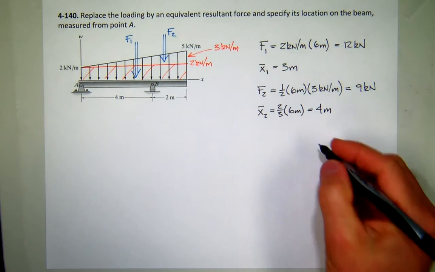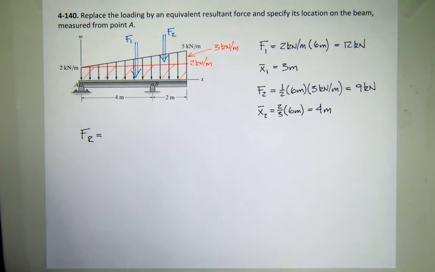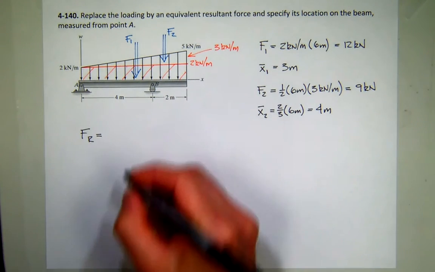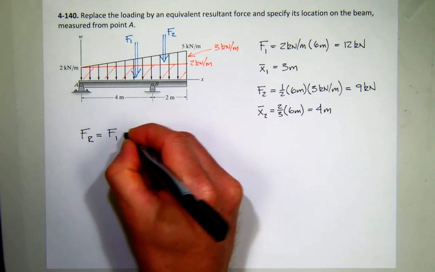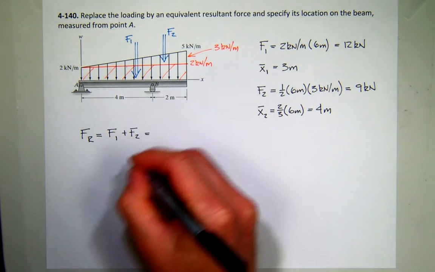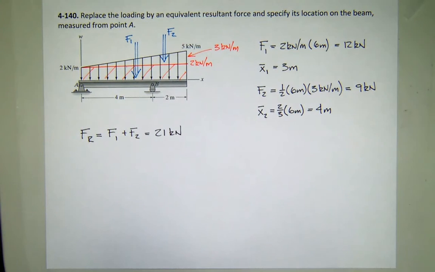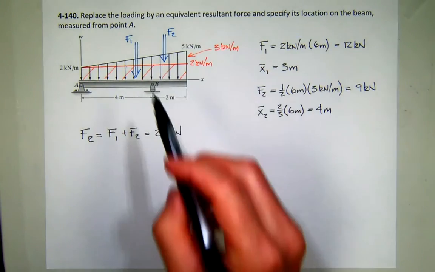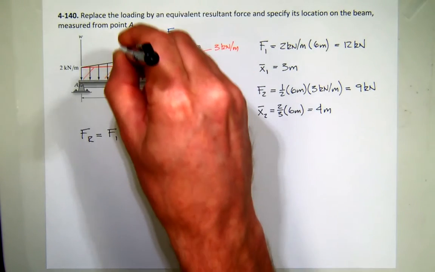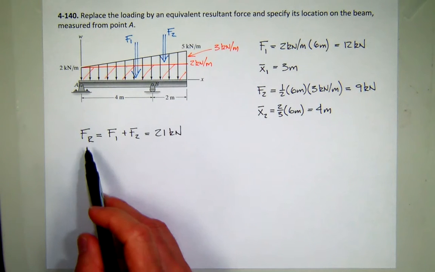So what's my resultant force? It's just F1 plus F2, right? In this case, it would be 21 kilonewtons. And where is it located? Well, what we want to do is make sure that the equivalent moment about A for these two forces is the same as the resultant.